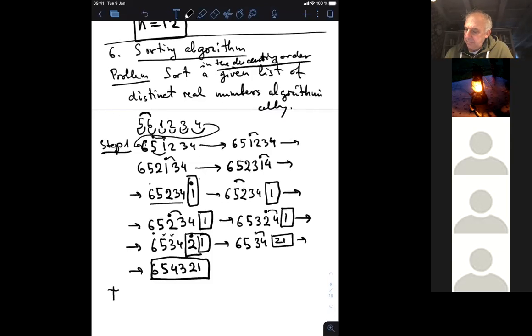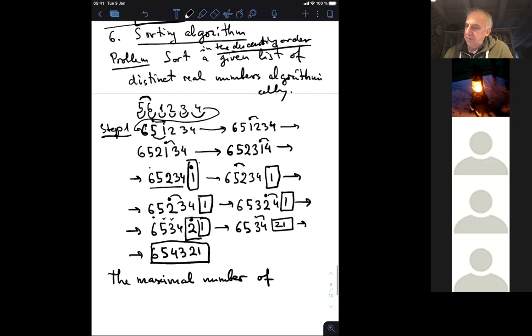Okay, the maximal number of, how it's called, transposition.